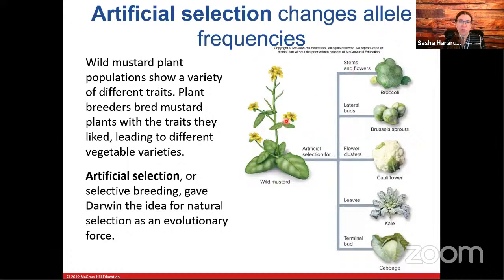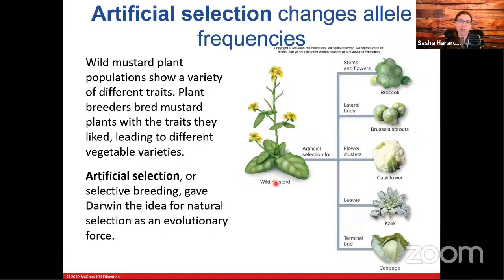If you were to select only those individuals within a population that had pronounced stems and flowers, over, let's say, 100 generations of plants, you would get broccoli. If you were to select only individuals of the wild mustard population that produced lateral buds, over hundreds of generations, you would get Brussels sprouts.